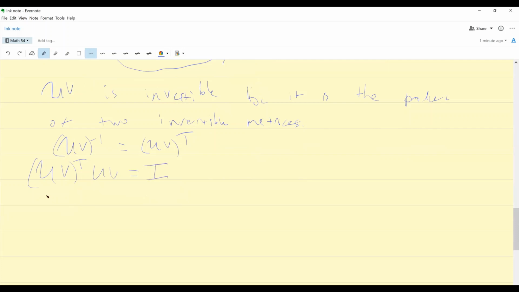So just a little bit of algebra to expand this out. Remember, when we take the transpose, we have to switch the order. This is what we're trying to establish. So the left-hand side, we know it's equal to this.